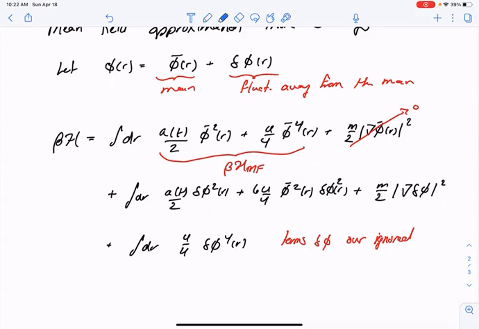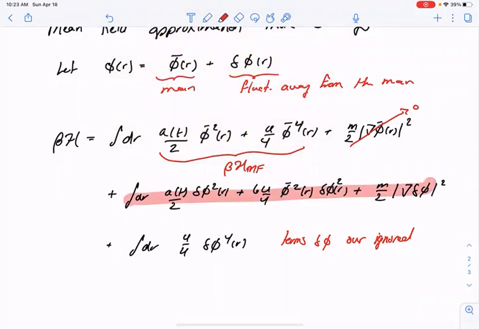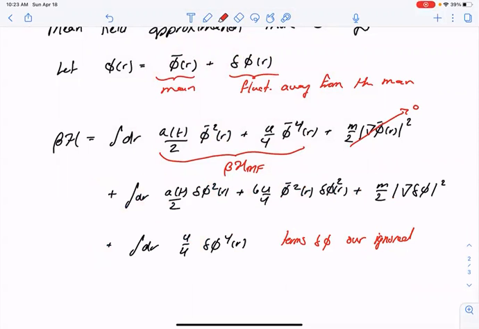And so everything else, all of these terms, are then a correction. It's really ugly. Let's get rid of that.